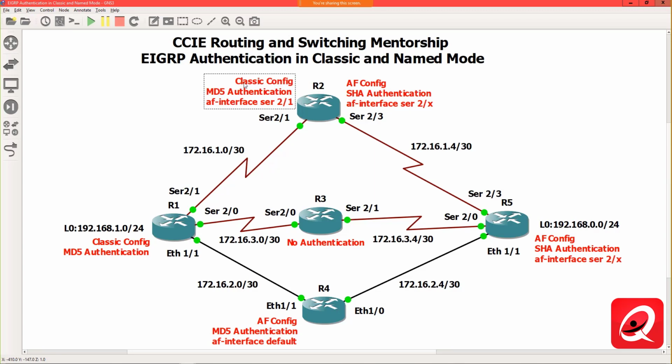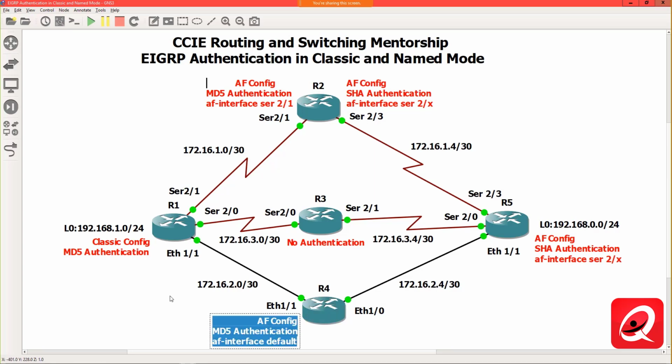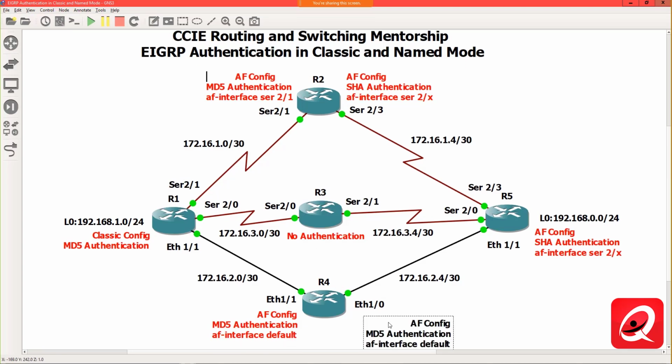So let me change this to AF config, because that's what we're going to be doing on this particular router. You normally wouldn't do this in a production environment, but the reason I'm doing this is to demonstrate that we have the ability to configure multiple authentication modes, and we can commingle these different configuration modes on our platforms.